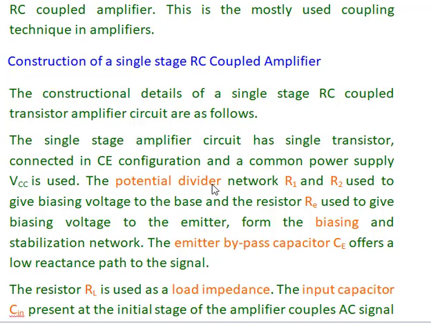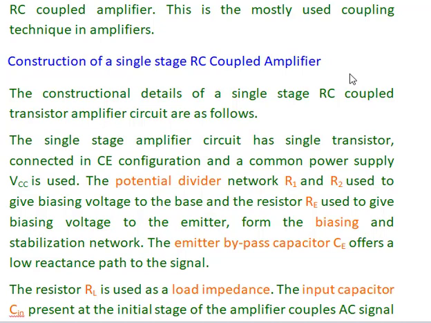Another resistor, the emitter resistor RE, is used to give the biasing voltage to the emitter. Already I told you, the emitter is always given forward bias. So the emitter is n-type material here, an NPN transistor is used, and the negative voltage is applied to the emitter through the emitter resistor.